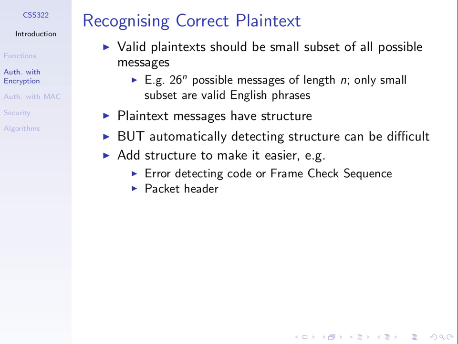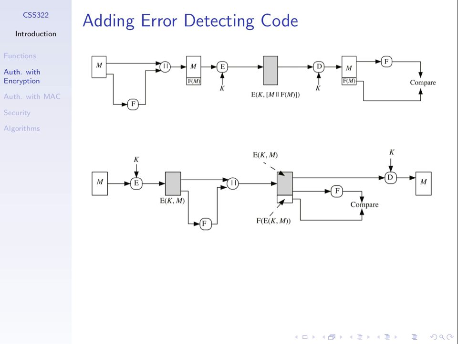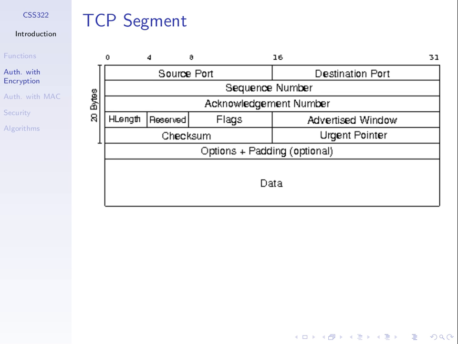So if we don't have structure that we can automatically detect in a message, we can usually easily add structure. Using some frame check sequence, add something to the end, as an example here, and encrypt that frame check sequence, and the receiver verifies that message. Or when we send a network packet, the header structure is used at the receiver to detect if something's gone wrong.